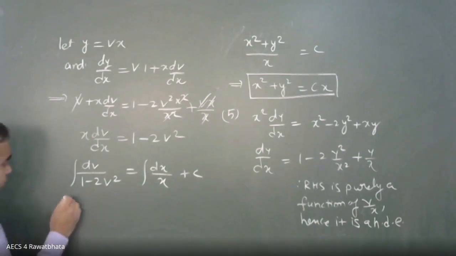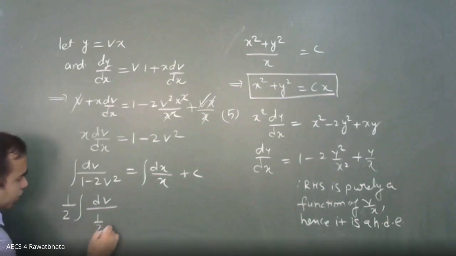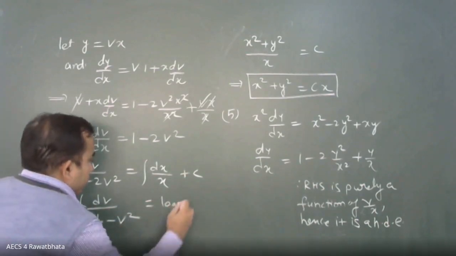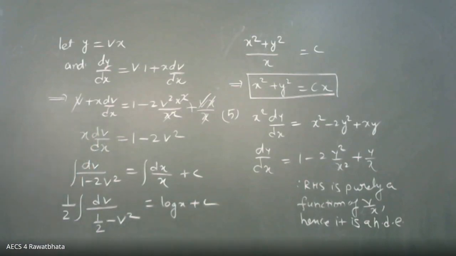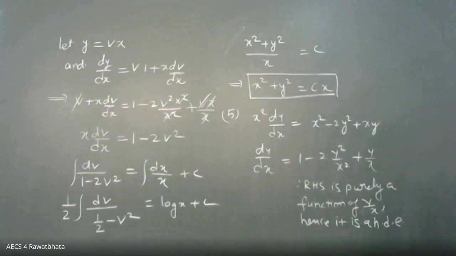2 common ले रहा हूं, ले लिया. तो मुझे मिलेगा dv upon 1 की जगह बन जाएगा 1/2 minus v square. ठीक है. फिर next Hitesh. बताओ क्या होता है?